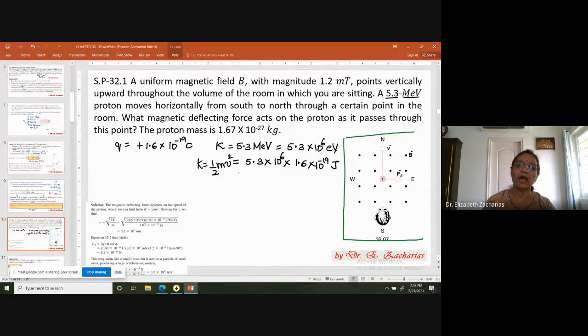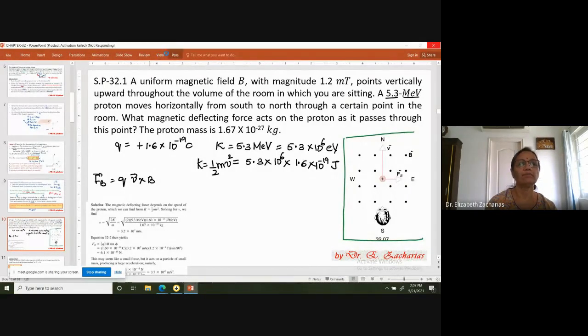Okay, next. I'm interested in the velocity because after all, I would certainly be interested in finding out what FB is. I know FB is equal to QV cross B. And for doing this problem, I need to know what is my, what happened? PowerPoint not responding.